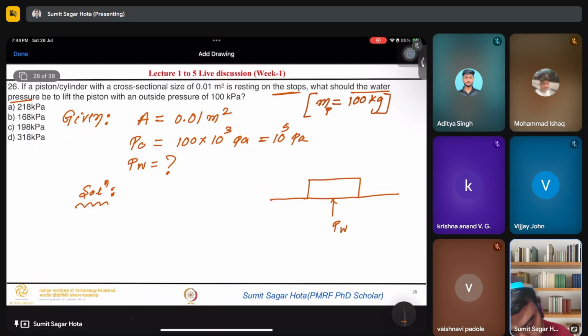They are telling that to lift the piston, an outside pressure is applied. Let this be the center of gravity of the piston. So this force PW is applied here, this is your water.